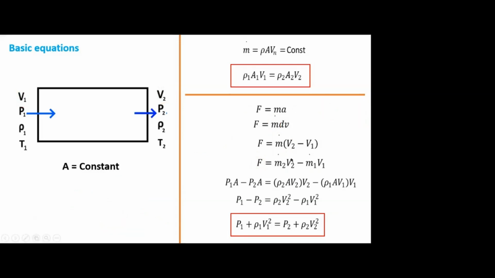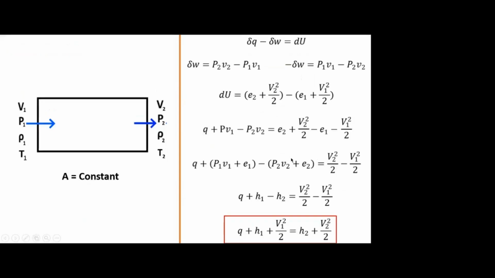So continuity, momentum, and finally the energy equation. This also you studied: h plus V square by 2 is equal to constant. Again, I'll explain once again. I start with the first law of thermodynamics: dq minus dw is equal to du.